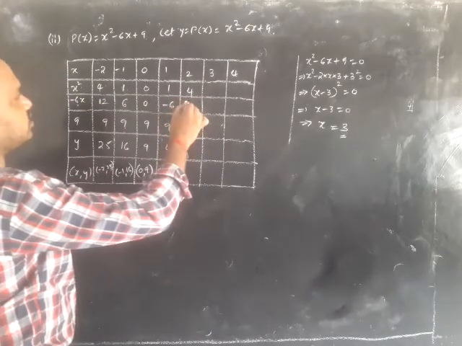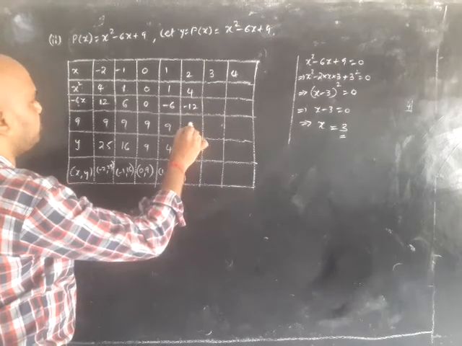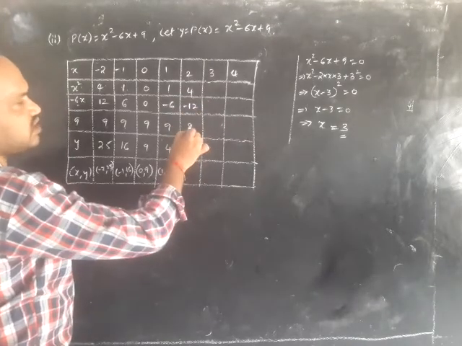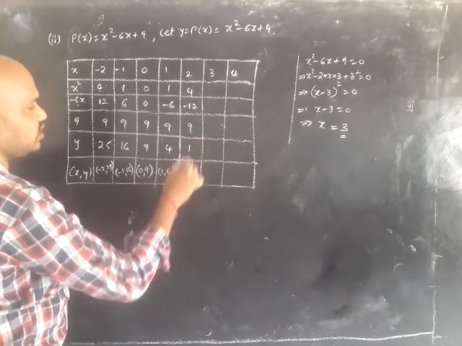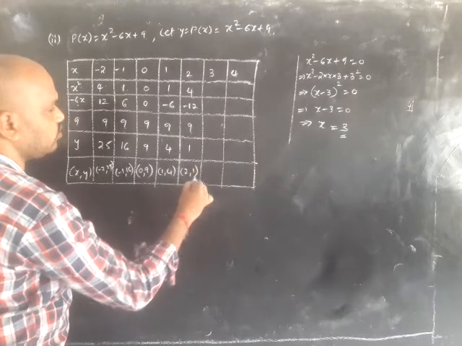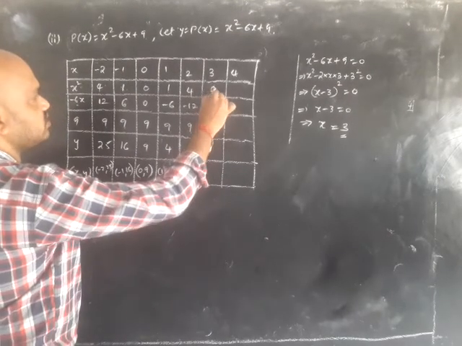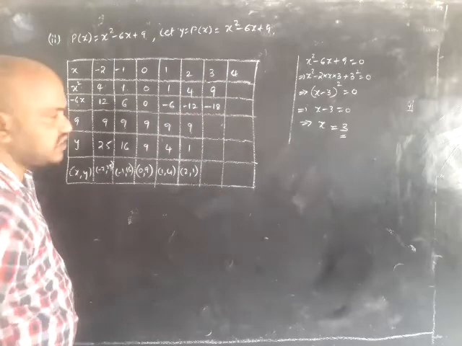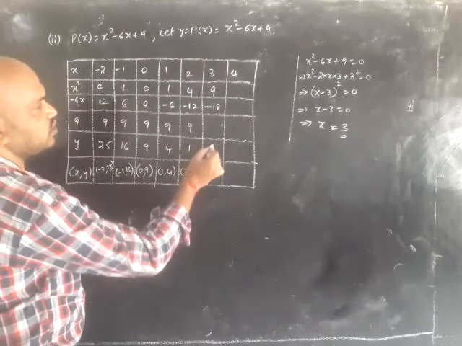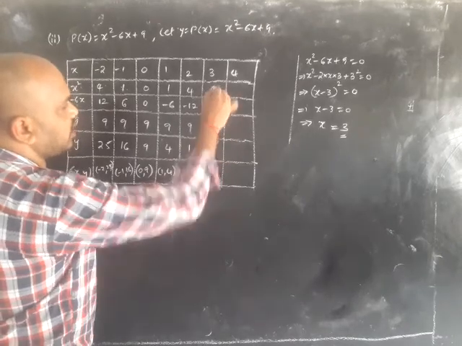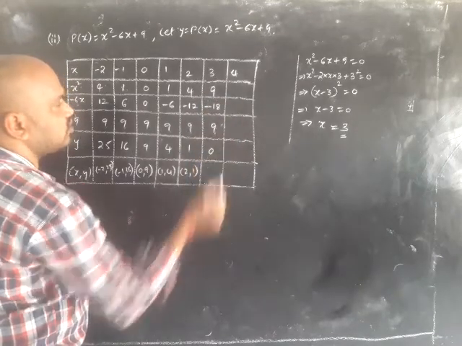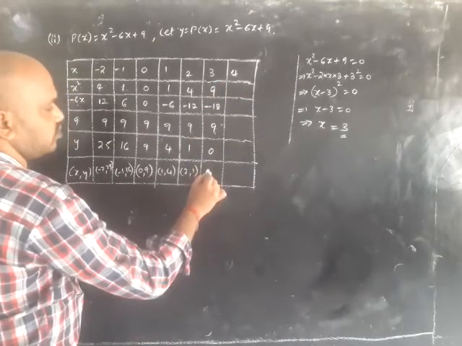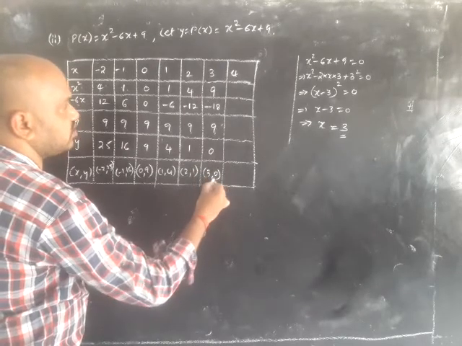Minus 6 into 2 is minus 12 and plus 9. 4 plus 9 is 13. 13 minus 12 is 1. So 2 comma 1. 3 square is 9. Minus 6 into 3 is minus 18. 9 plus 9, 18 minus 18 is 0. Next, the point is 3 comma 0.